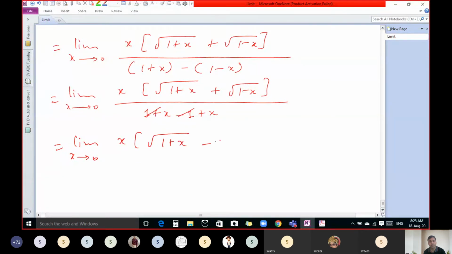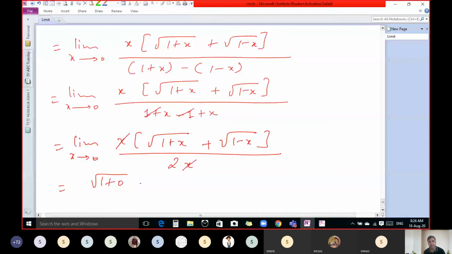So keeping this numerator as it is, and here we have x plus x, that means 2x, and now you can cancel this x and put x equal to 0. So you will get 1 plus 0 minus root 1 minus 0 in numerator, and this 2 as it is. So it is root 1, sorry, here plus sign, plus root 1 upon 2.